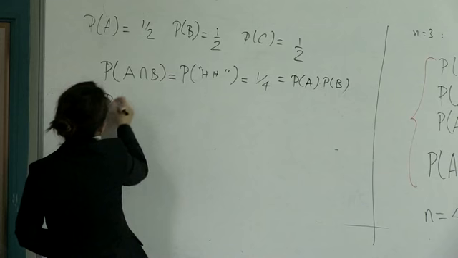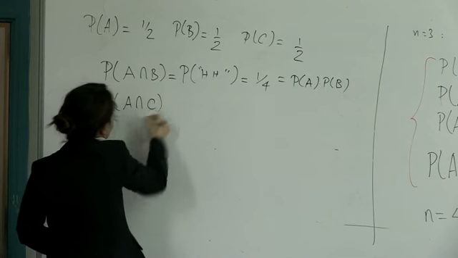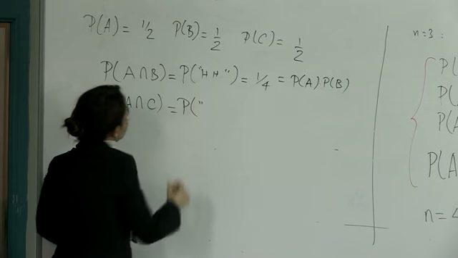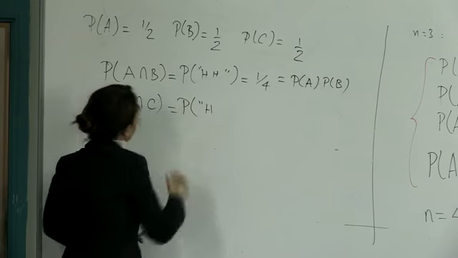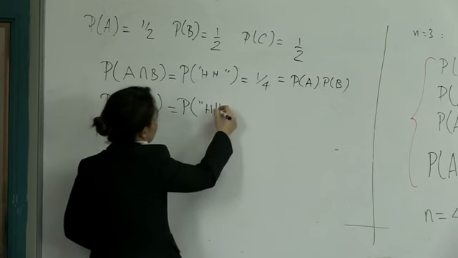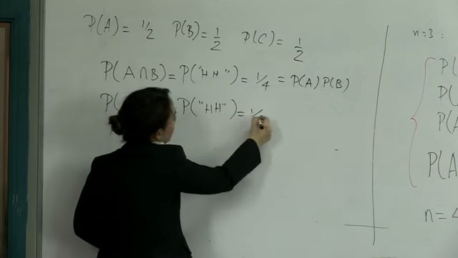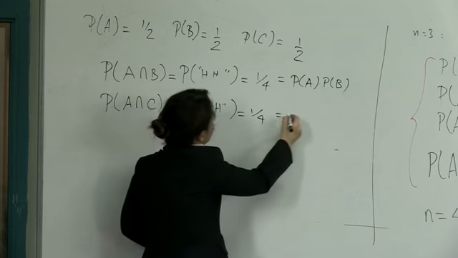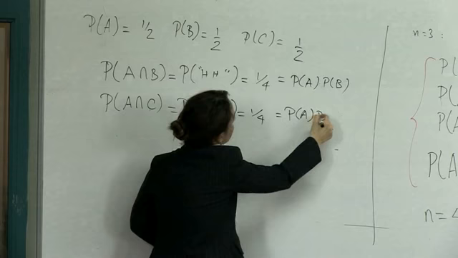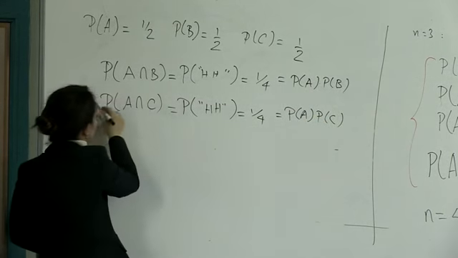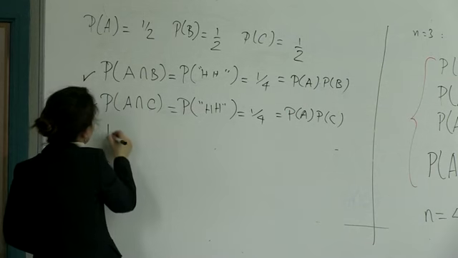Let's try A and C. This is the probability that the first is heads and the first and second are the same, which is again 1/4. Well, this is equal to P of A times P of C. Okay, so A and C are independent, A and B are independent.